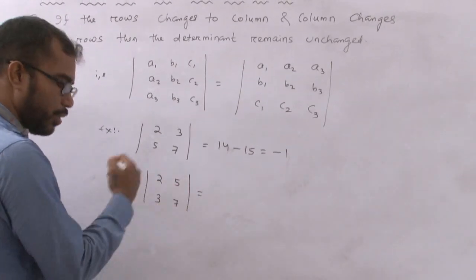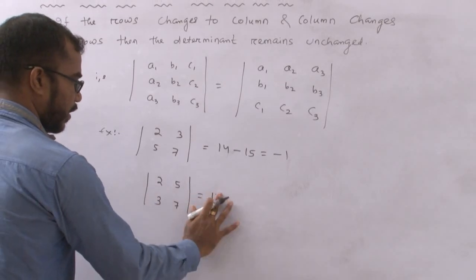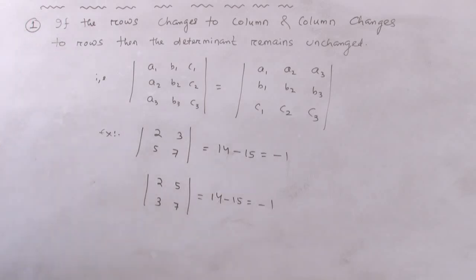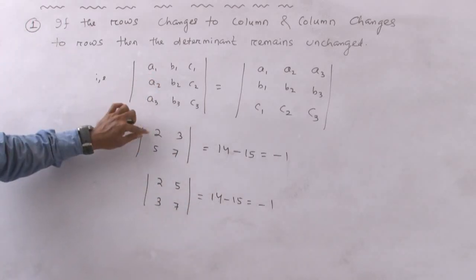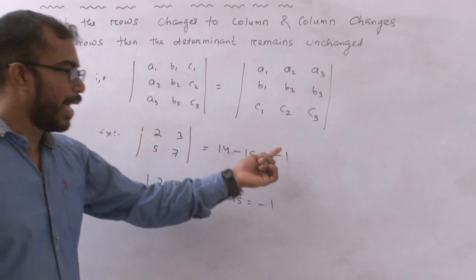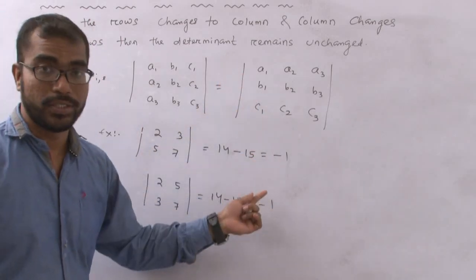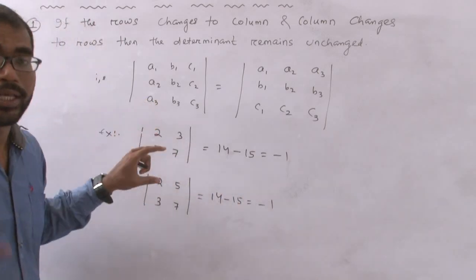If we calculate, we get 14 minus 15, and that is also minus 1. So if we change rows into columns, the value remains unchanged.